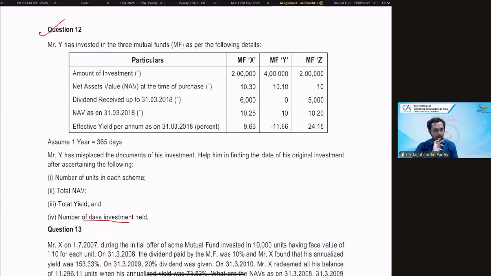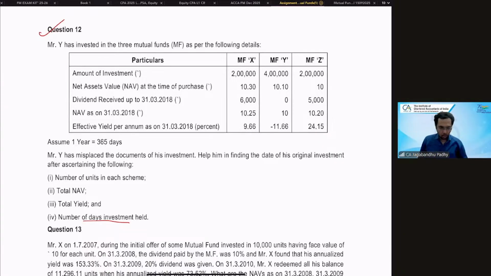From the given information, we can calculate the yield for that particular number of days, and we have been given the annualized yield. So we have to balance both of them and get the number of days.